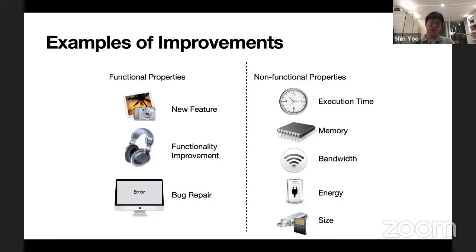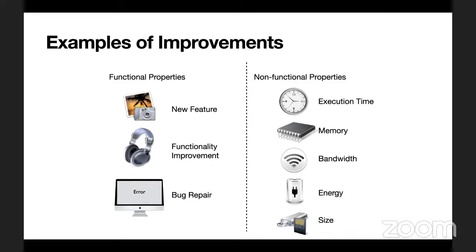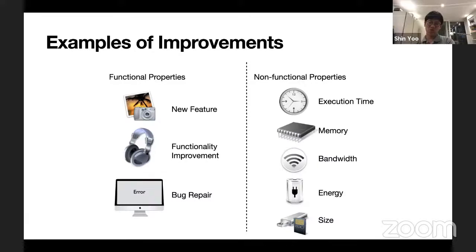Whereas if we look at non-functional properties, then things like execution time, using less memory, less bandwidth, less power, or even the size of the program can be targeted for improvements.